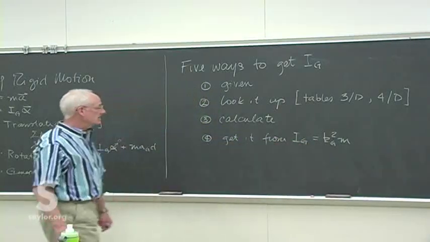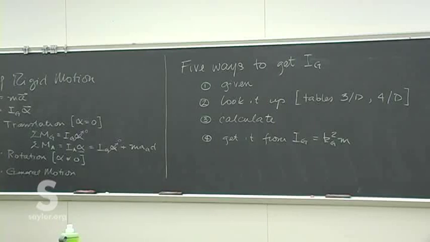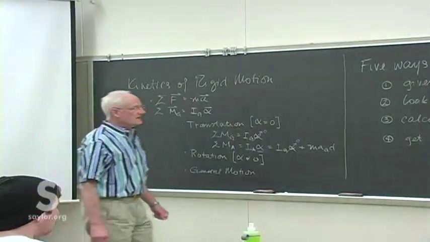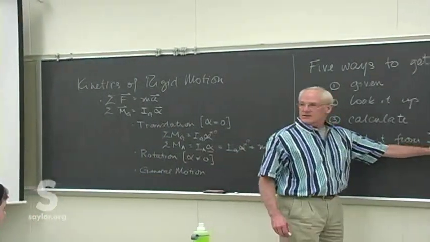You can have the radius of gyration about a different axis, just as you can have the moment of inertia about a different axis. This is an artificial construct.